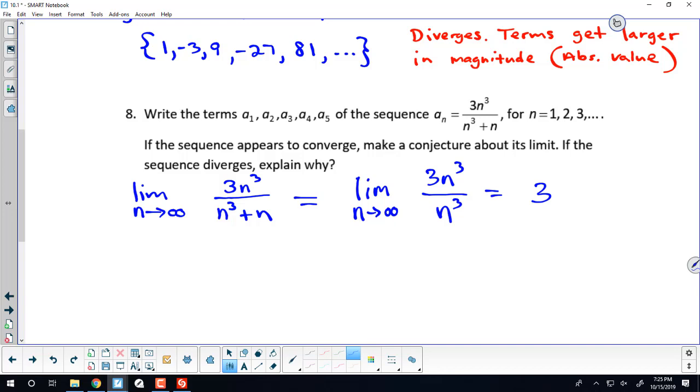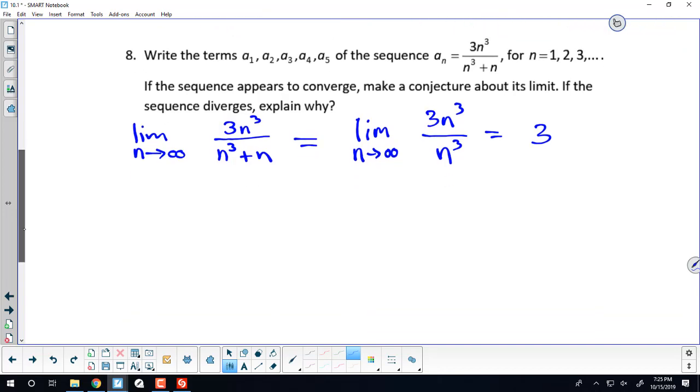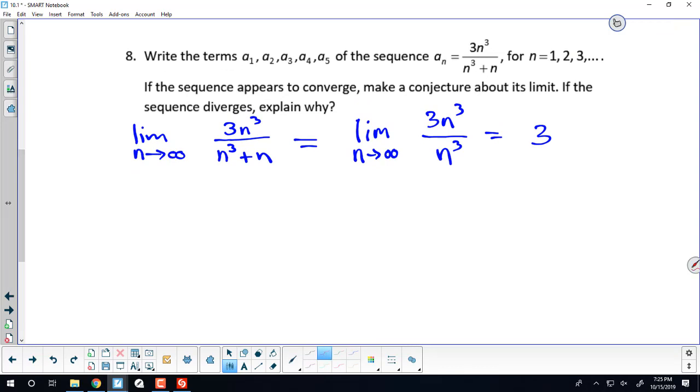It's just saying the 5 billionth term will be super close to 3. Maybe it's 2.99952 or something. Okay, so the sequence converges to 3.